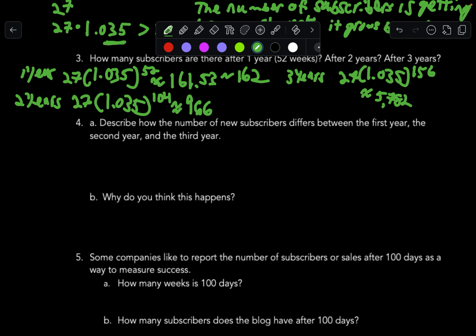after 1 year, there were 135 new subscribers, which is 162 minus 27, in the first year.